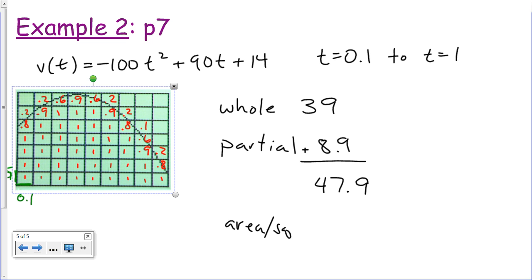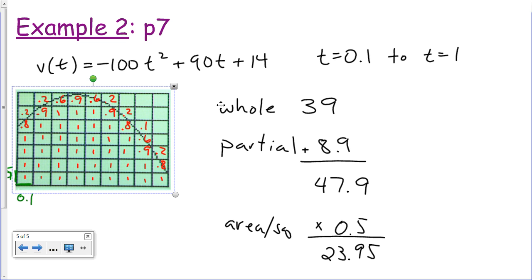So 5 times 0.1 gives us an area per square of 0.5. Multiply by the area per square: 47.9 times 0.5 is going to give us 23.95. And that is our approximation for the area of that region.